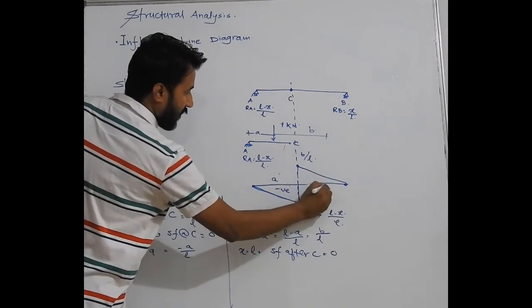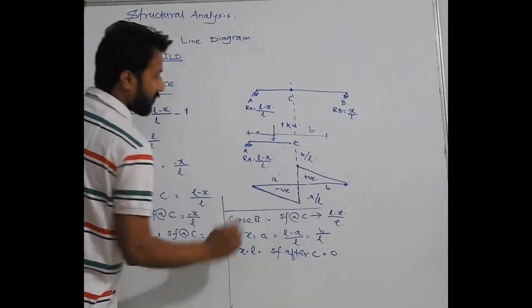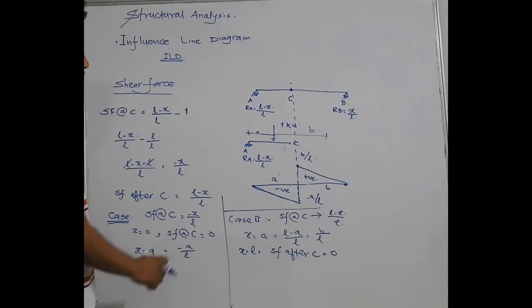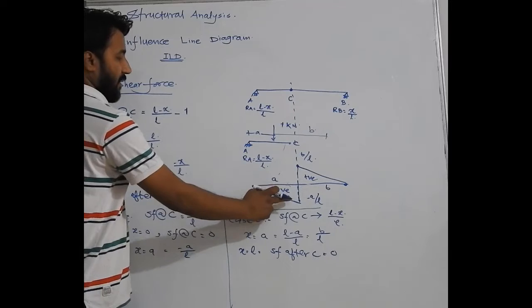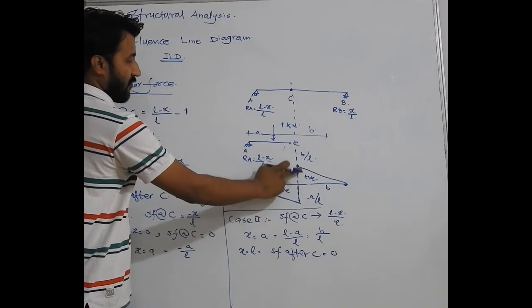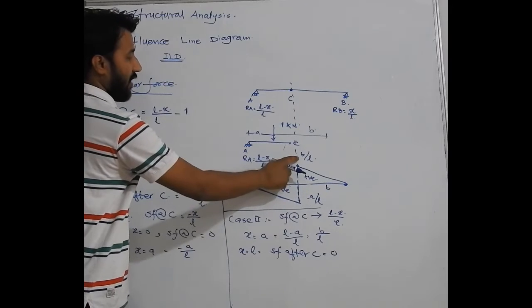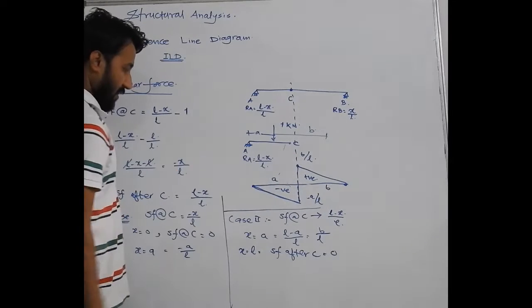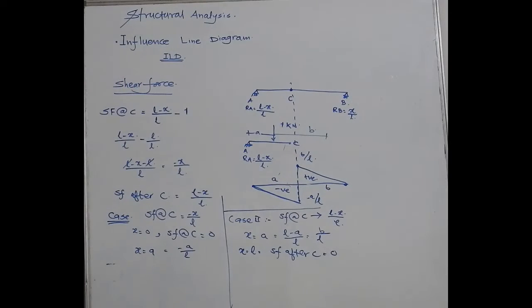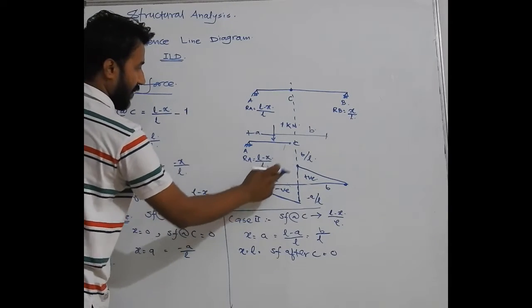This is the positive shear force. So we have calculated the maximum negative shear force, minus A by L, and the maximum positive shear force, B by L. These two things we have to remember.